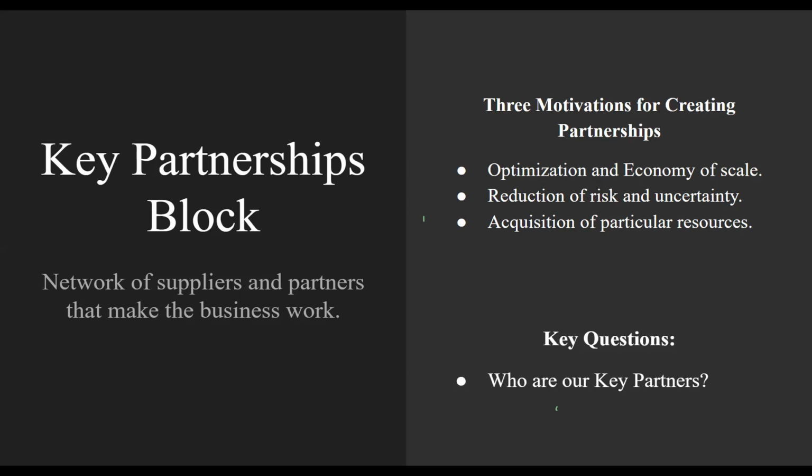The first one is optimization and economy of scale. You can have partners that help you in economic way, or you can have key partnerships that reduce the risk and the uncertainty. In my example, maybe if I sat down to learn how to code to develop a software, maybe I could have, but it would have taken a long time and I would have kept myself back from the rest of the business.